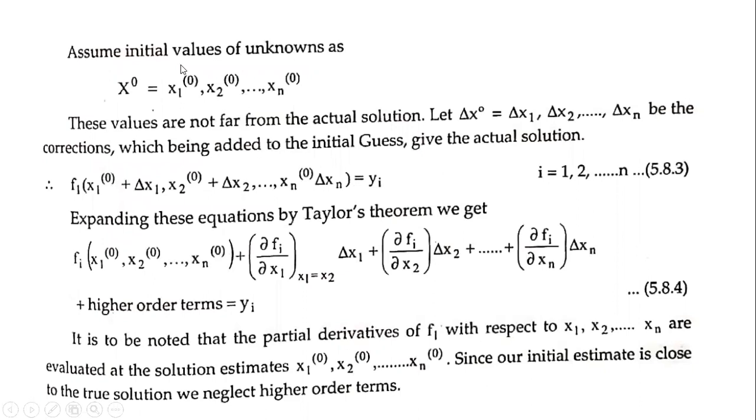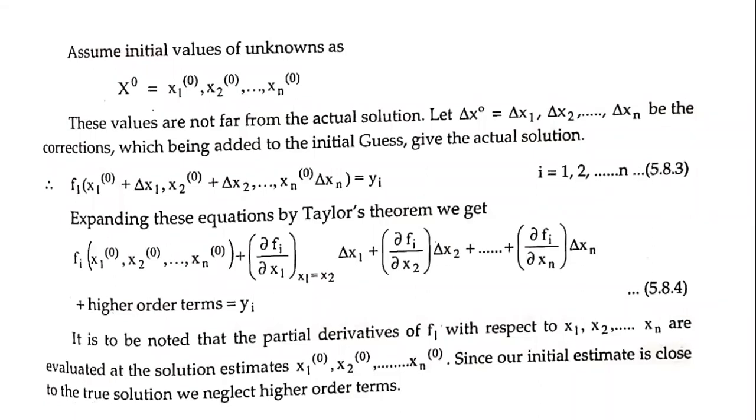Assume initial values of the unknowns. In the previous discussion of the GS method, we discussed the flat start, in which we assume V1 of 0 equal to V2 of 0 equal to 1, and delta1 of 0 and delta2 of 0 equal to 0.